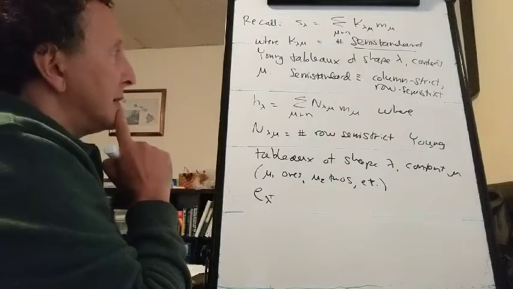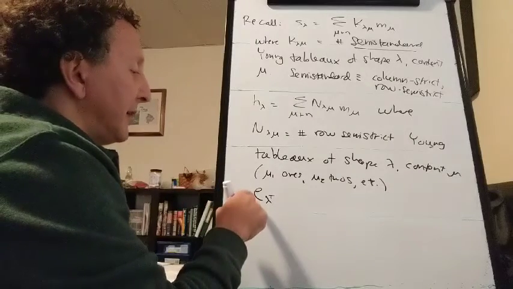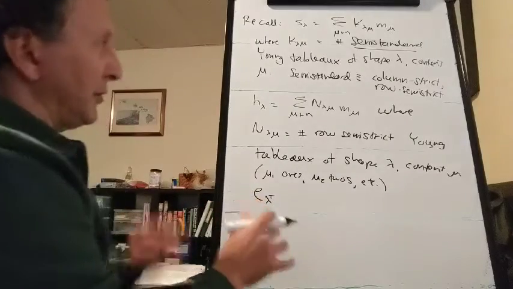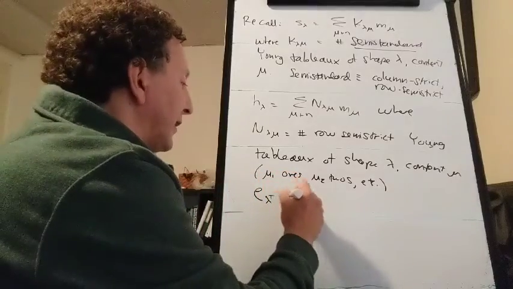And I'm going to write, instead of e lambda, e lambda transpose just because it'll fit well with everything else.